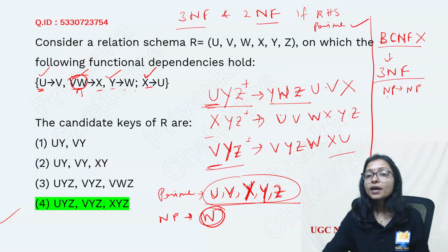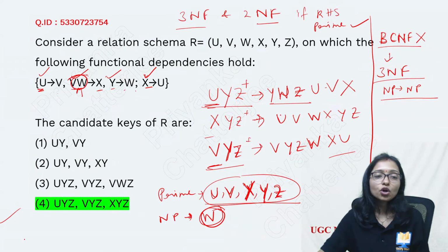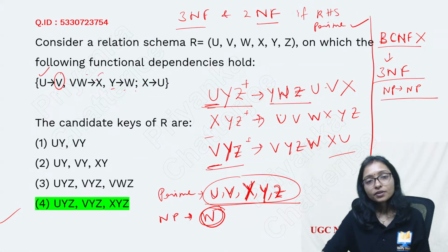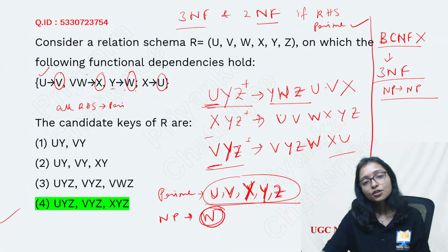So non-prime to non-prime, I am not getting any, because right hand side, now you check. Is this prime or not? This is prime. This is also prime. This is also prime. Ultimately, all right hand sides are prime attributes or not?